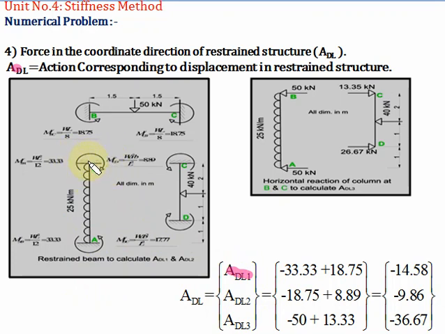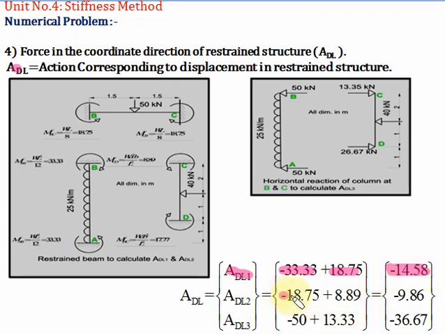There are two fixed end moments, one in BA and another in BC, so we do the addition. The moment in member BA is clockwise, that is minus 33.33, and the moment in member BC is plus 18.75. After this calculation, we get the value of ADL1 as minus 14.58.